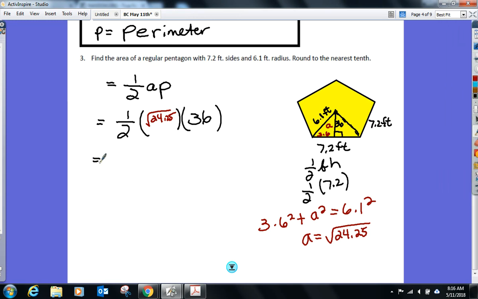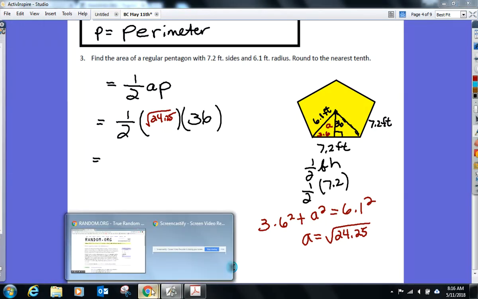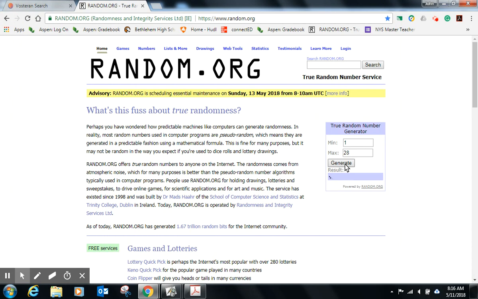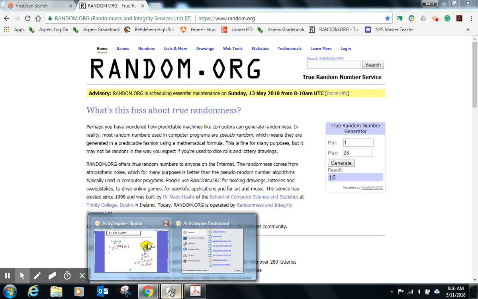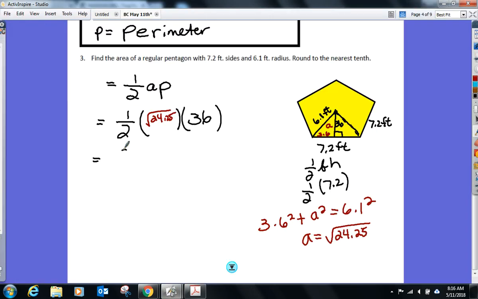And rounded it to the nearest tenth. 88.6. Got any units there? Feet squared.